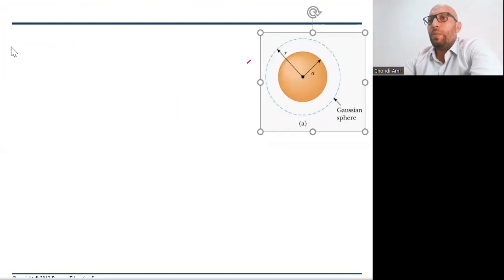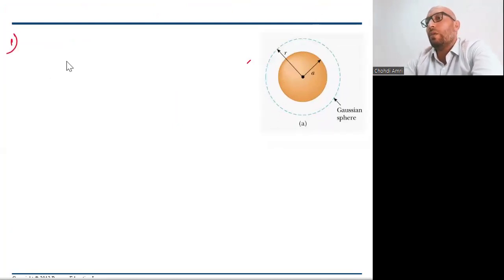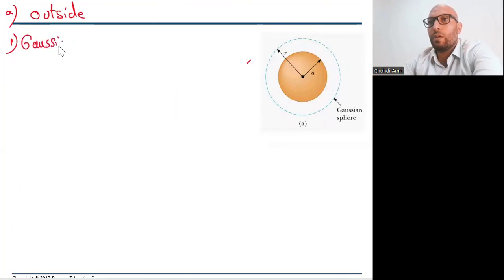So step number 1, define the Gaussian surface. Question A, outside. We are talking about a charged sphere, so the Gaussian surface will be a Gaussian sphere. The Gaussian surface is a spherical surface, concentric.